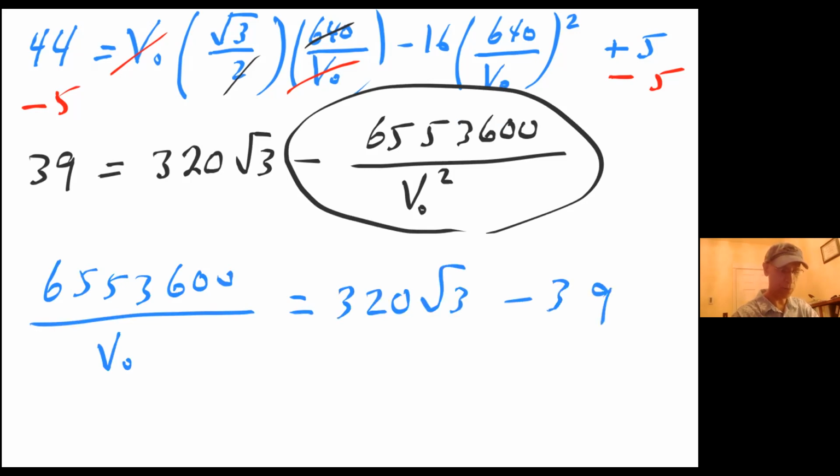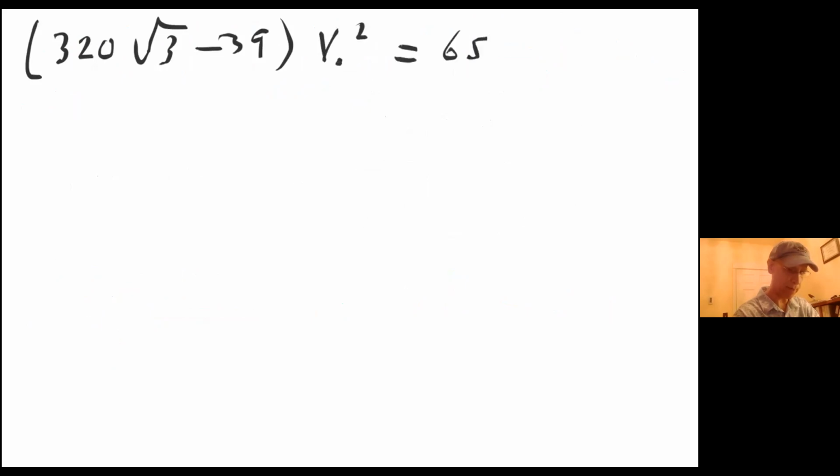So now multiplying both sides of this equation by the LCD, in this case v naught squared, I will get 320 root 3 minus 39 times v naught squared equals 6553600.